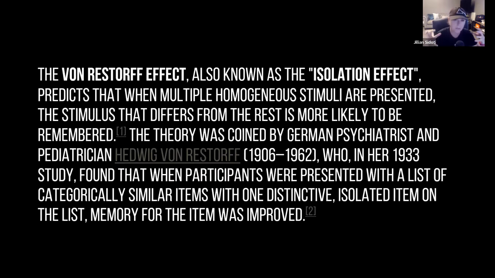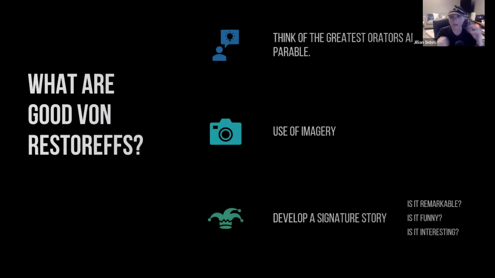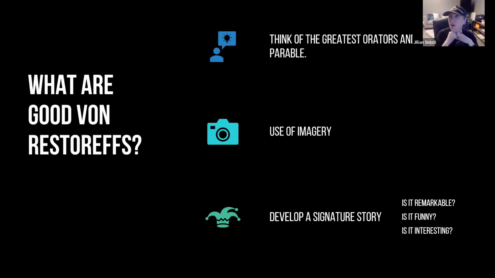So how can you have a von Restorff in yours? You want to say something impactful about the building that you're doing or something that differentiates you from your competition right in the middle of that presentation of yours. And I'm going to show you some examples, but here are some that we know in life in general. So we think of the greatest orators and their use of parable, the stories we know, and this is not meant to be religious.